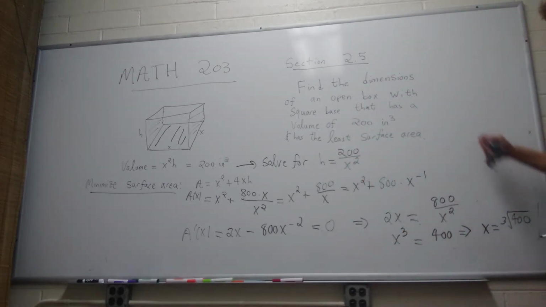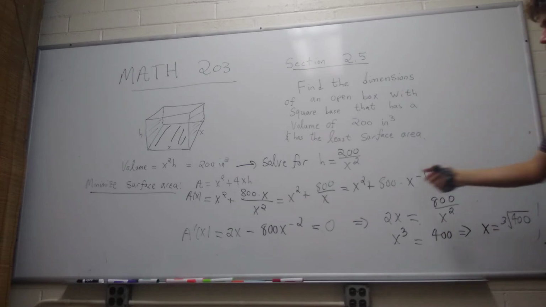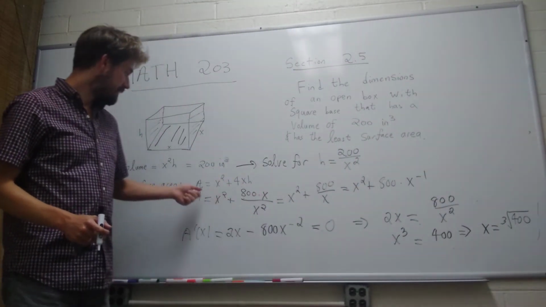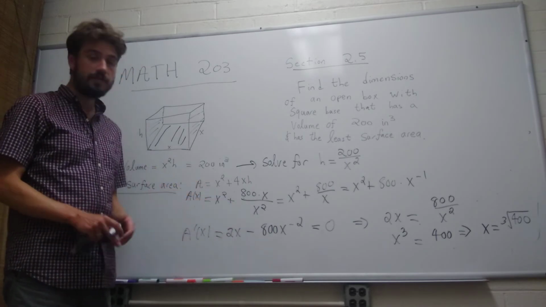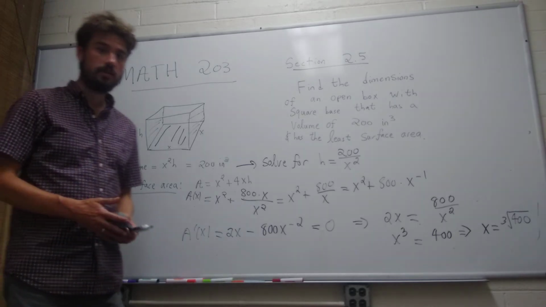So the point is, we translated this word problem to a math problem where our job is just to minimize this function. This is just a function of x. We know how to do that from the tools of differentiation we learned earlier.